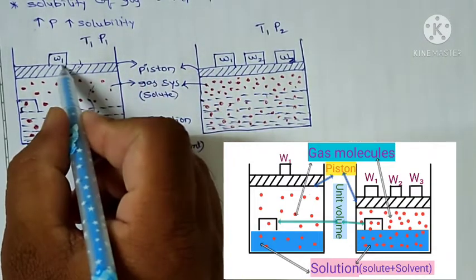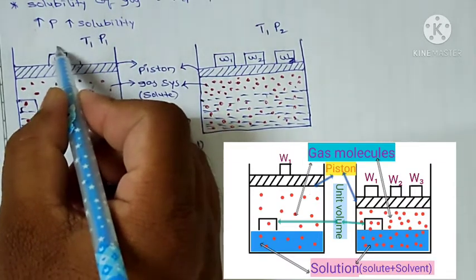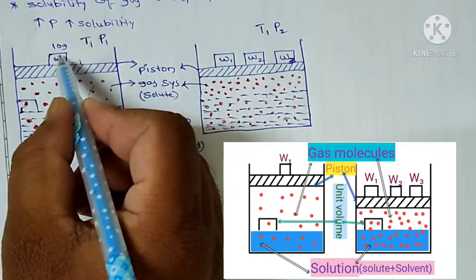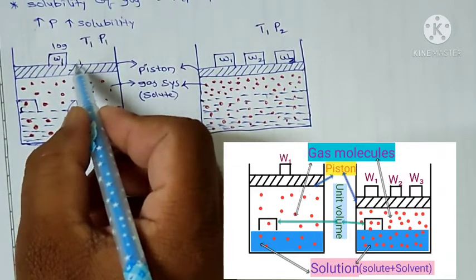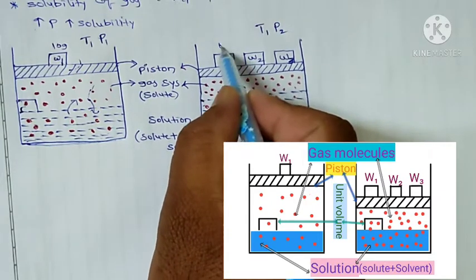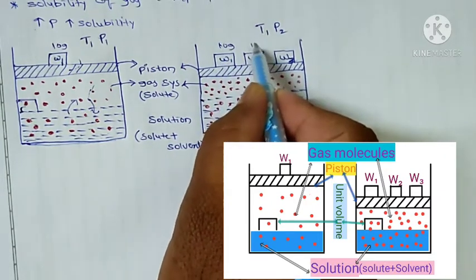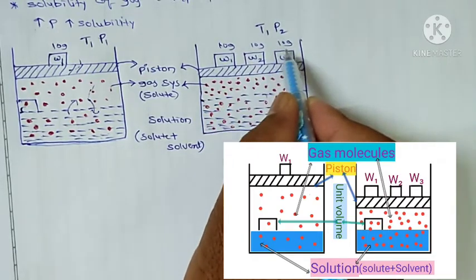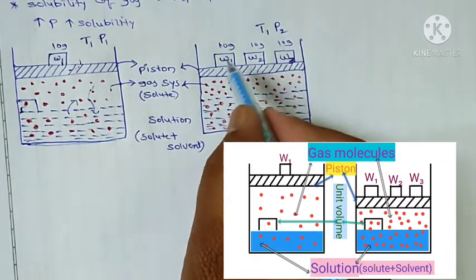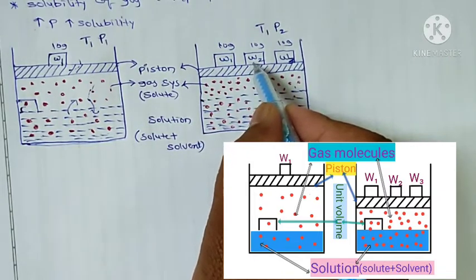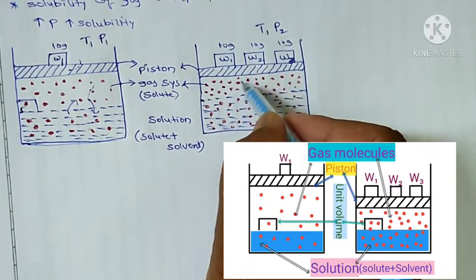For example, W1 is 10 grams. Here 10 grams and 10 grams, total 30 grams, so I increase the weight. If I increase the weight above the piston, the piston comes down.